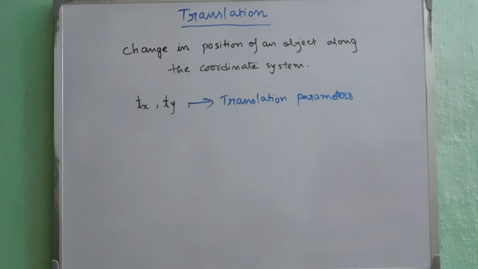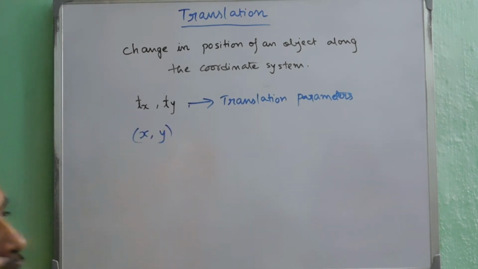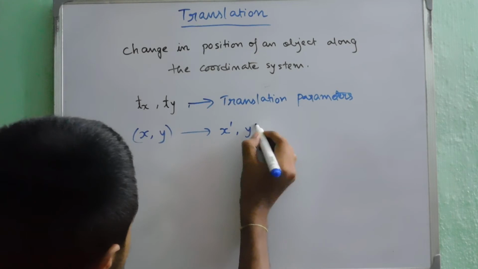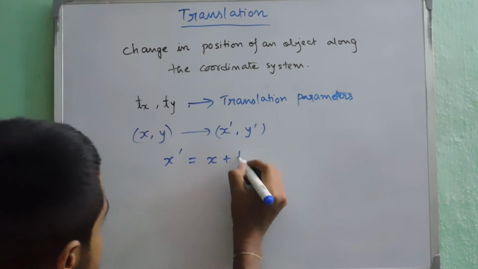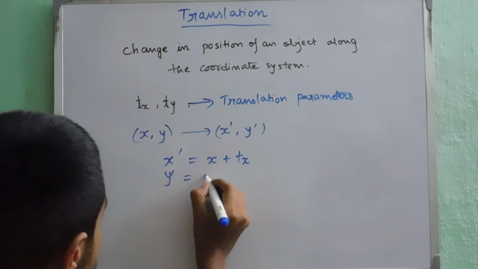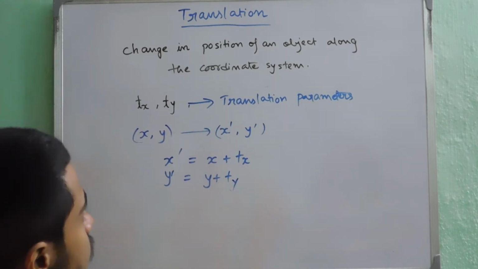Now, how do these translation parameters affect the coordinates? If x and y is one of the coordinates of an object on the coordinate system, then this will be translated into x dash and y dash, where x dash is given by x plus Tx and y dash is given by y plus Ty.